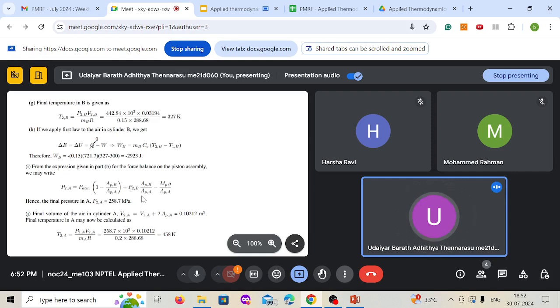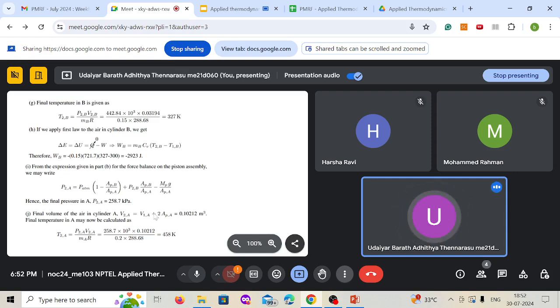So now you need to find out the final volume in cylinder A. That is because cylinder A is expanding, so you have to add that volume. It will become 0.10212 meter cube.